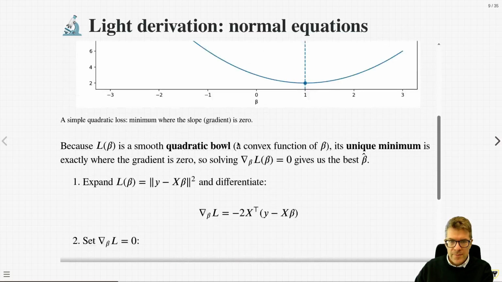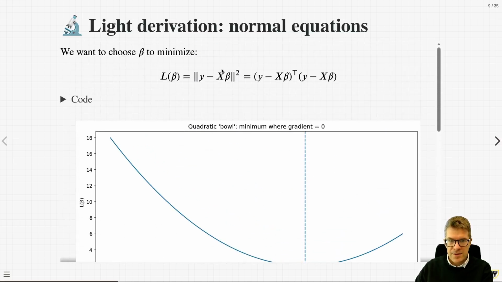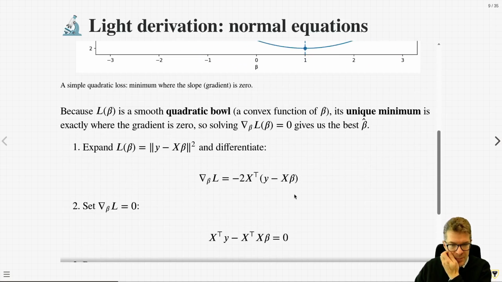Then we multiply, like this function here is y minus x beta, which is here. So it's 2 times y minus x beta. And then we take y minus x beta and differentiate that with regards to beta.